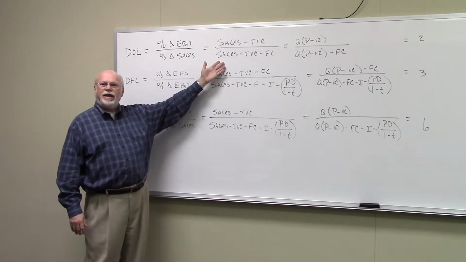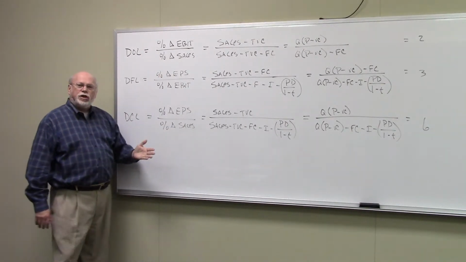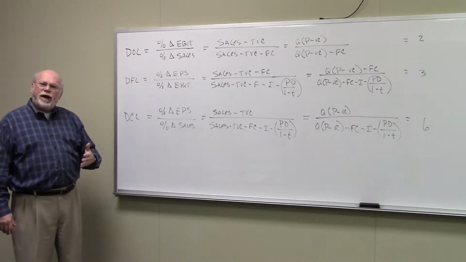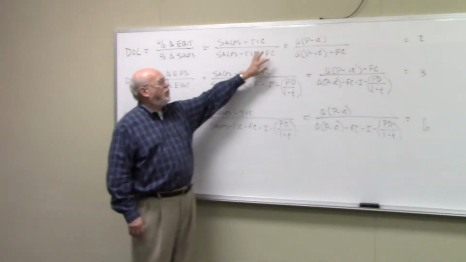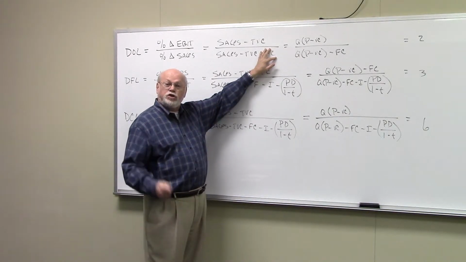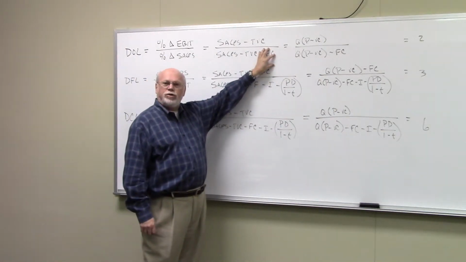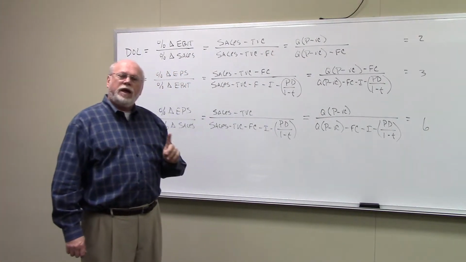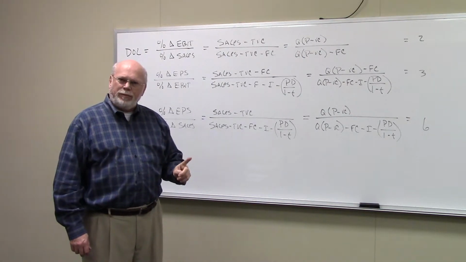If you have accounting data and you want to calculate the degree of operating leverage, it is equal to sales minus total variable cost divided by sales minus total variable cost minus fixed cost.